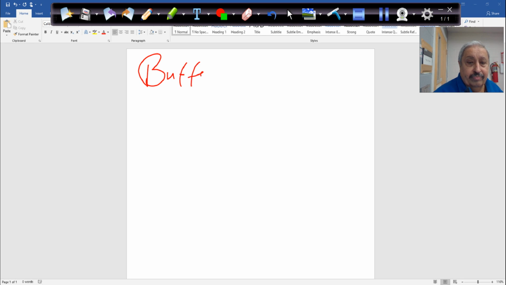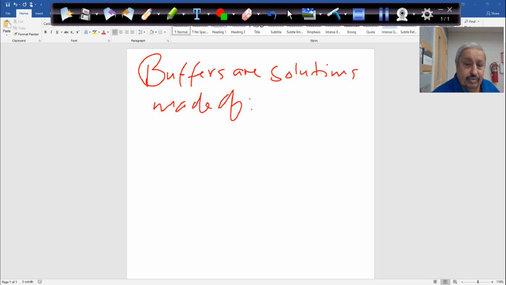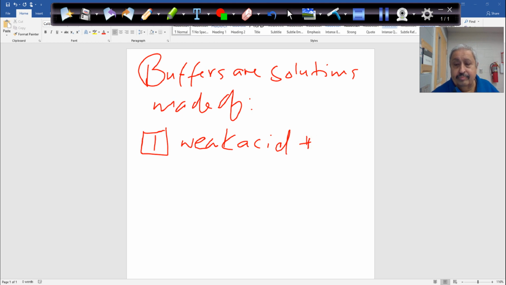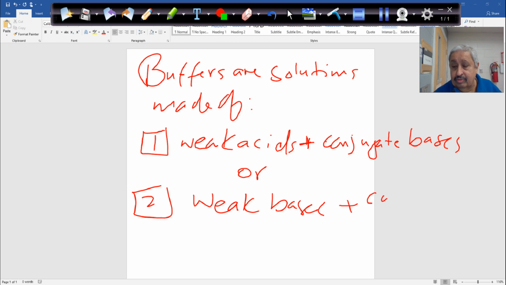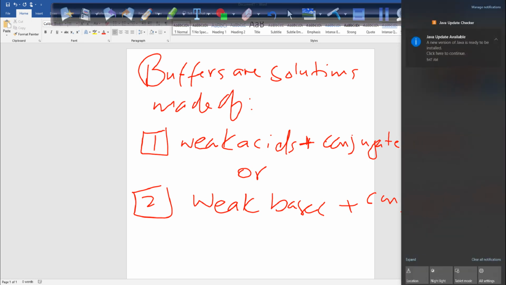Buffers are solutions made of weak acids plus their conjugate bases, or weak bases plus conjugate acids.